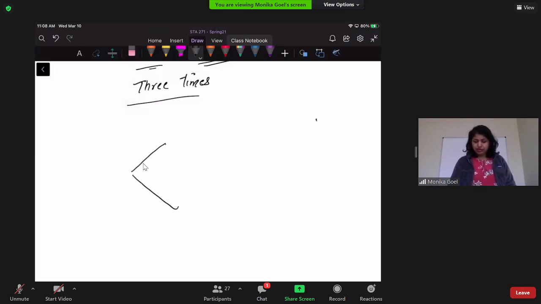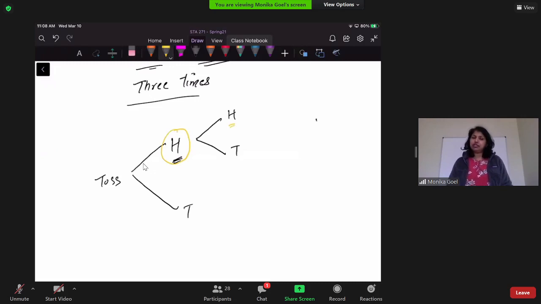So if I'm talking about the first toss, I get a head or a tail. I don't know which one I will get. But if I know my first trial is head and I toss a coin again, head or tail. So knowing the probability or chance of this head in the first trial is not going to affect the chance of my second trial.